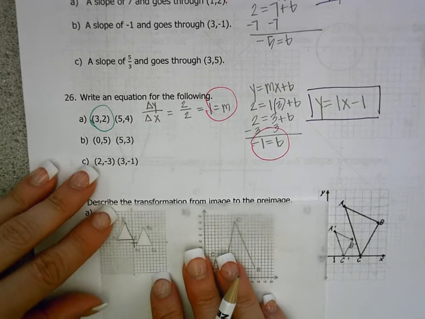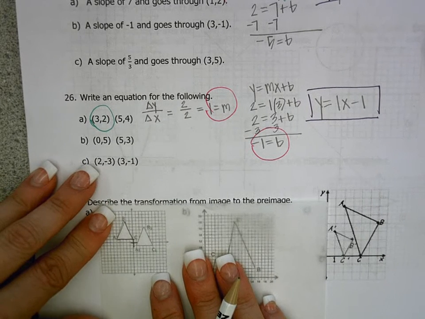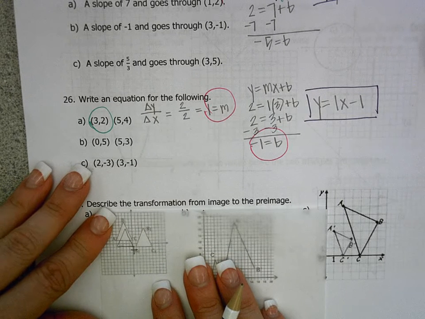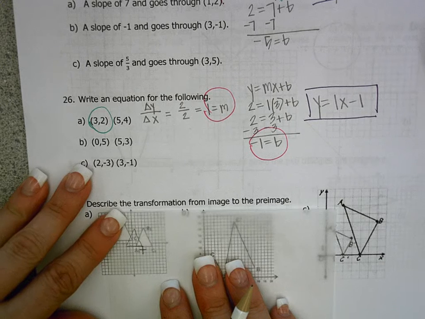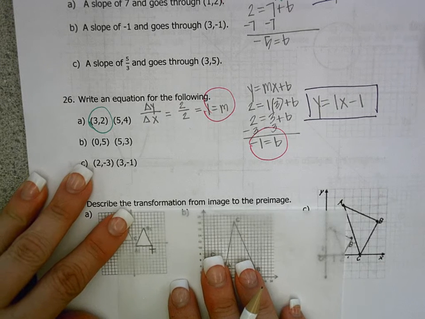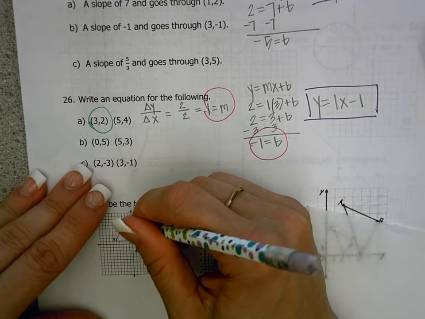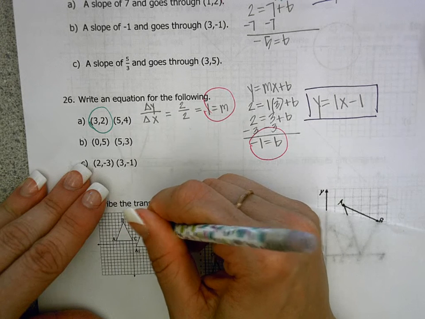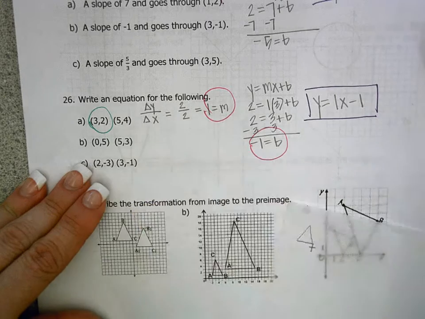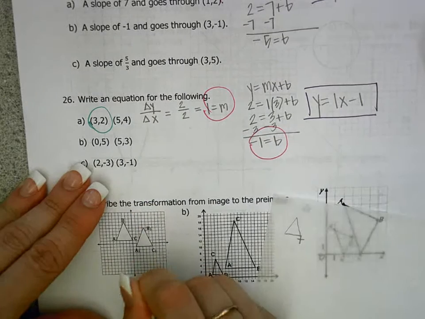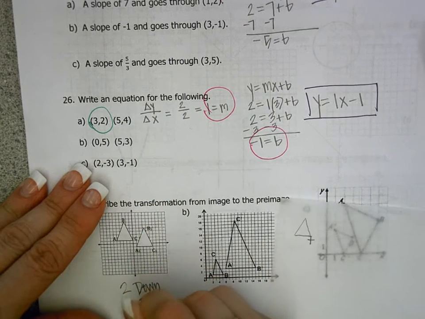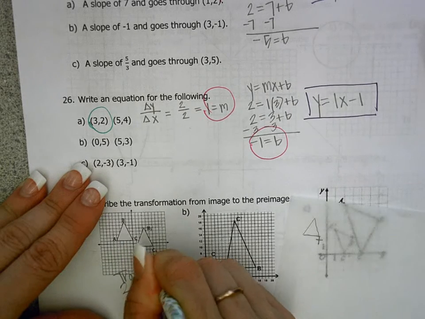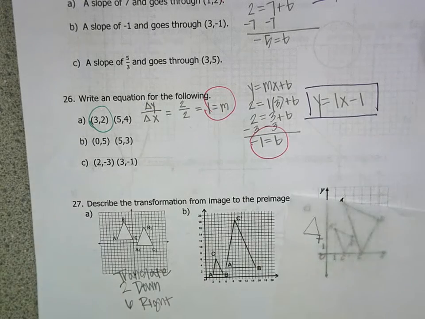Looks like 1, 2, 3, 4, 5, 6. So 2 down, 6 right. And that was a translation. Translate 2 down and 6 right.